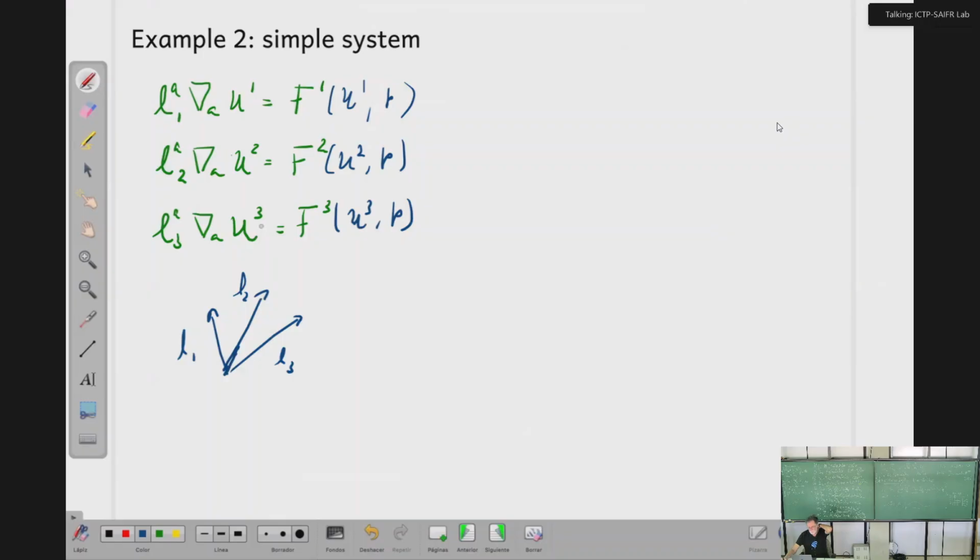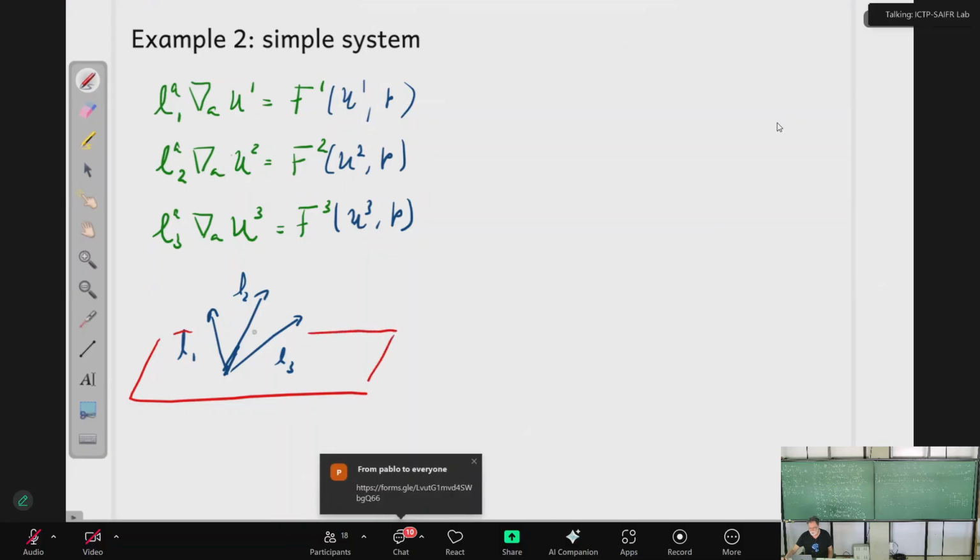So this is already symmetric hyperbolic, symmetric, and to be hyperbolic, what I need is a surface. Let's put another color here. I need a surface here, such that what?